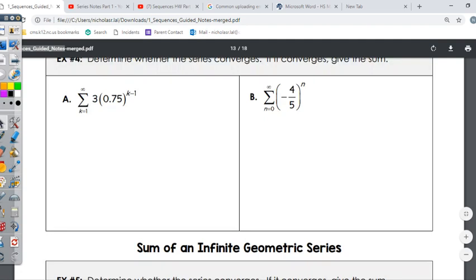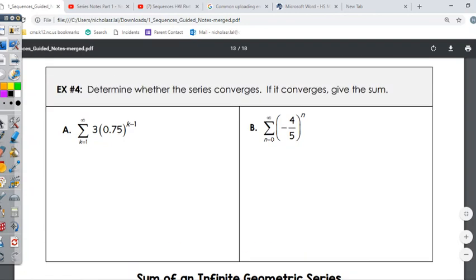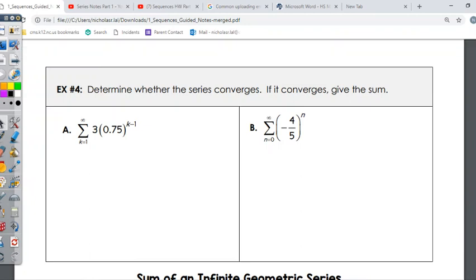Let's do example 4. All right, determine whether the series converges, and if it converges, give the sum. All right, so first of all, any geometric series is going to be in the form a1 times r to the n minus 1.